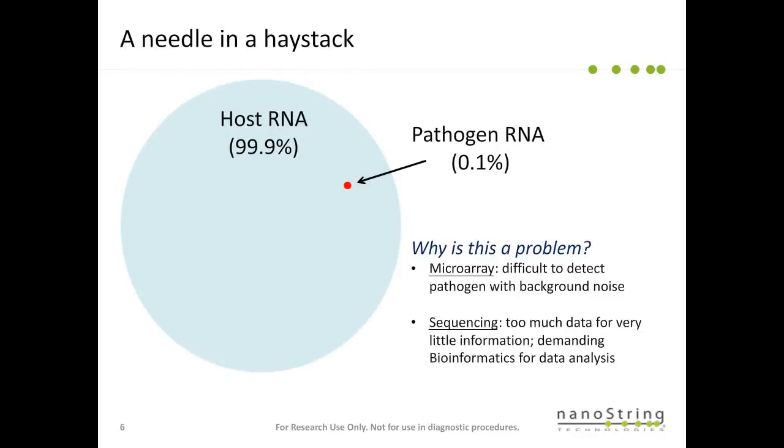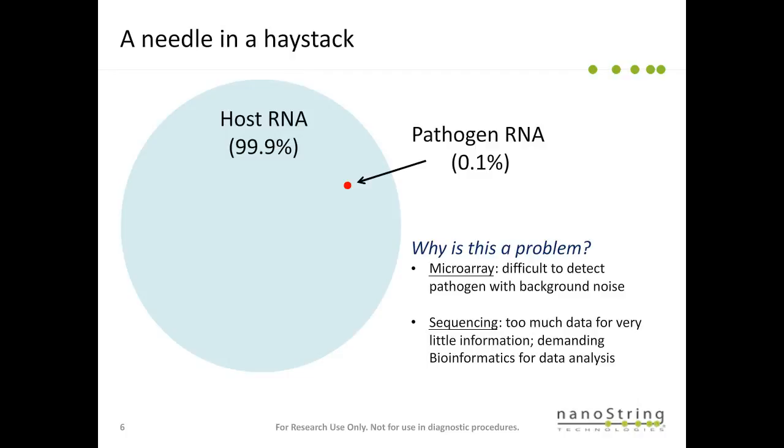So the challenge of doing those studies in vivo is illustrated in this figure. As in any infection, when you try to get the infected tissue out of a patient or a mouse model, and you isolate RNA, what you find is that the majority of the RNA from the tissue or the cells you get is from the host.